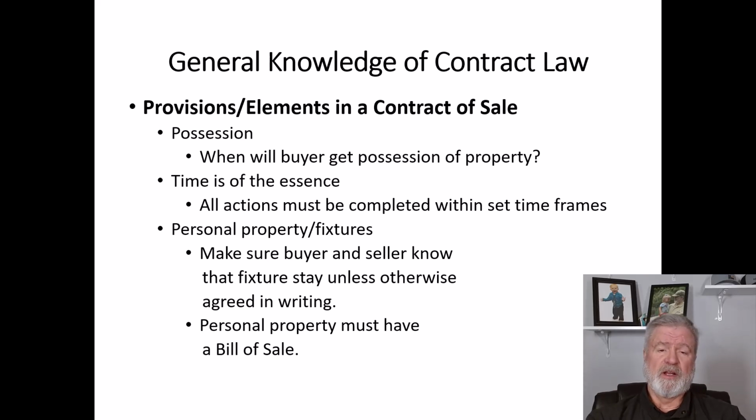So, for example, in this due diligence period, let's say you had 10 days to do your due diligence, and you didn't get it done. For whatever reason, you did not get the home inspection done within the time period specified. Well, guess what, buyer? You've now waived your rights to go back and ask the seller to repair stuff, fix stuff, assuming they found issues with the property. You've waived your rights.